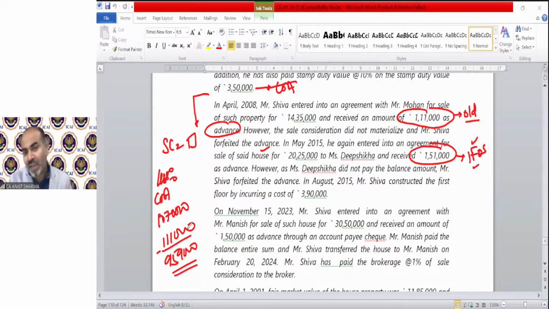I'm just explaining that in this question, you will see the solution. You might get confused about why this 1,11,000 is reducing the cost of acquisition. That is because of the earlier provisions, that if any advance money was forfeited before 2015, then it is reduced from the cost of acquisition of that property.